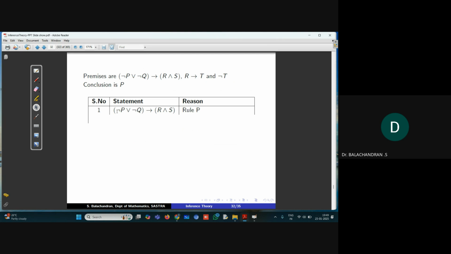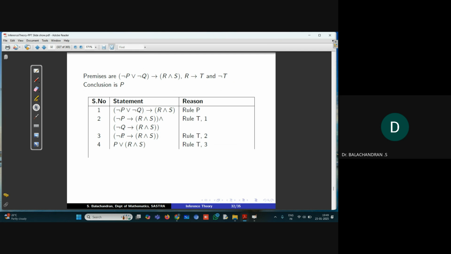Next, this is (P or Q) implies R, which means P implies R, and Q implies R. Next, I will use P and Q, and I will get P. Next, I apply contrapositive.